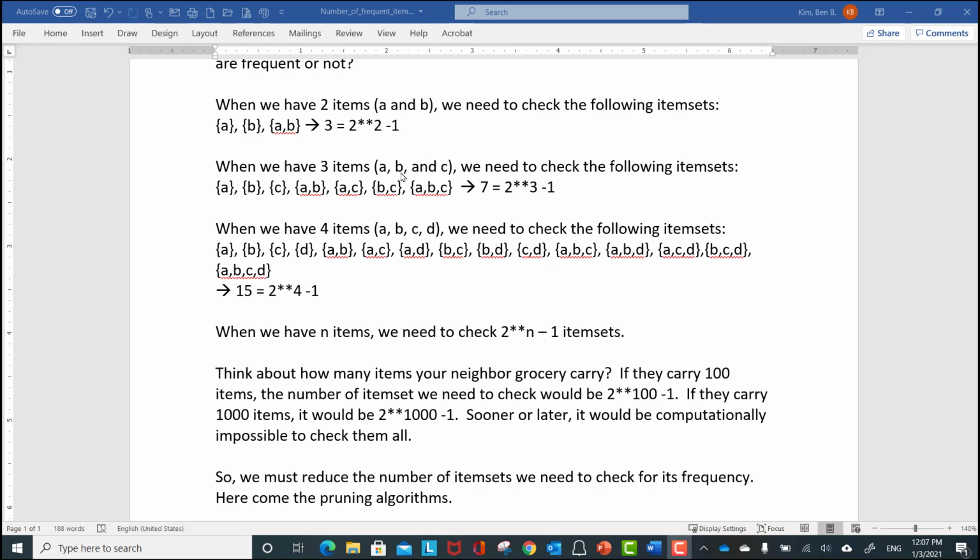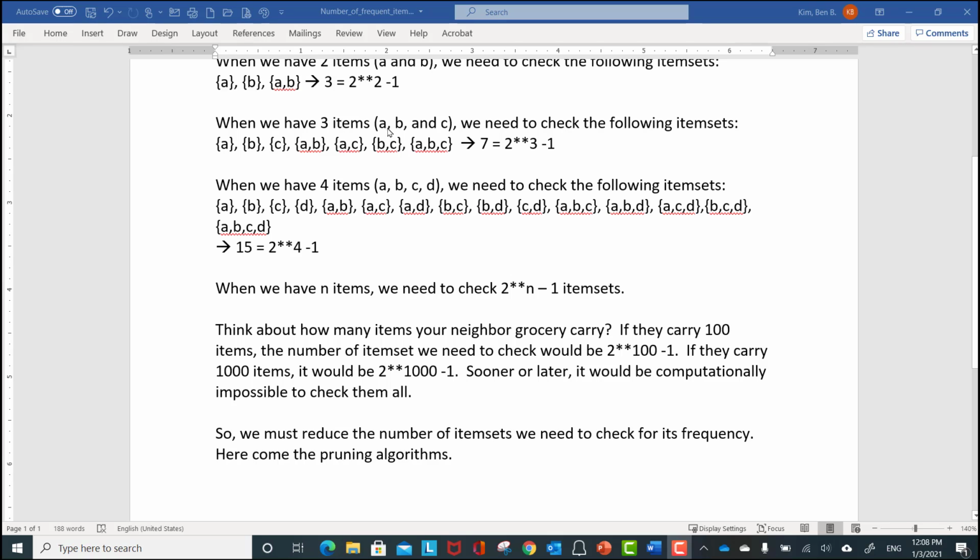When you have three items, A, B, C, like beer, diaper, and milk, then we need one item sets A, B, C, two item sets AB, AC, BC, and the three item set ABC. So we have 7. By the way, that is the same as 2 to the third power minus 1.